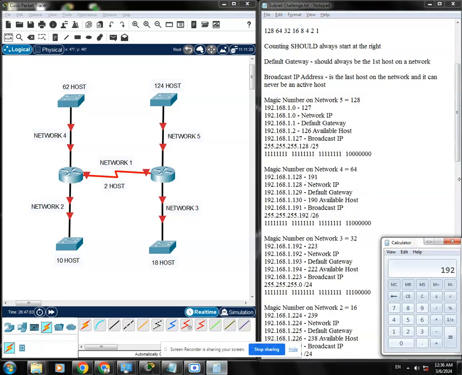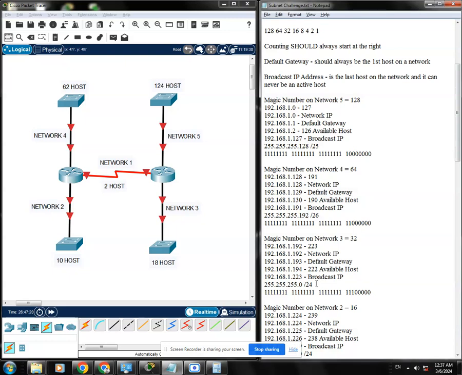It's 224. So the 0 in here will become 224. Is it still slash 24? The answer is no. So in here will be 8, 16, 24, then 25, 26, 27. So it is now slash 27.